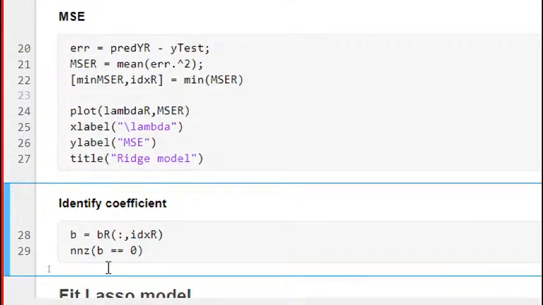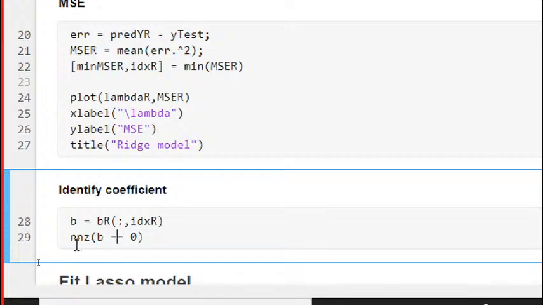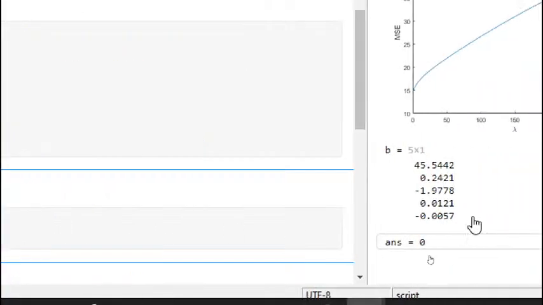Let's check: if a coefficient is removed, then the number of non-zero values of B equals 0. Wherever this condition is satisfied, I get 1, else I get 0, and I count the total. Here you see all 4 coefficients remain and no predictor is removed. All predictors are responsible in this case.